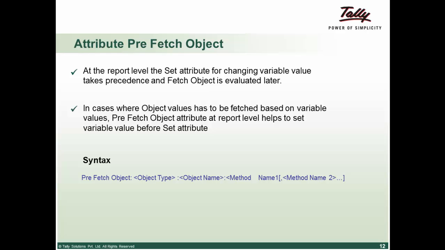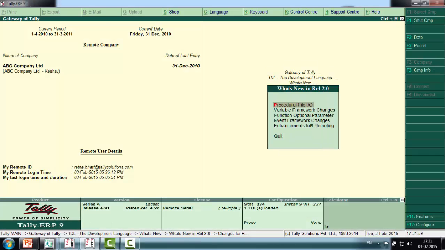So at my server, a simple thing we can do at the report level is use an attribute called set. I will change my SV from date and to date to the last date of entry of the ledger that I have selected. So this is one simple example that we have here.